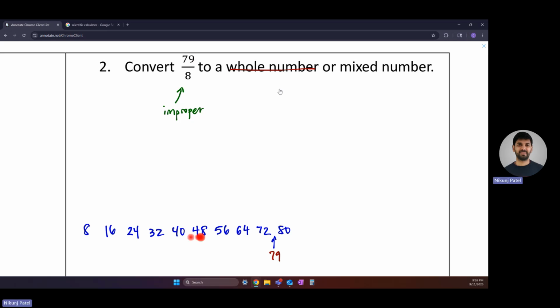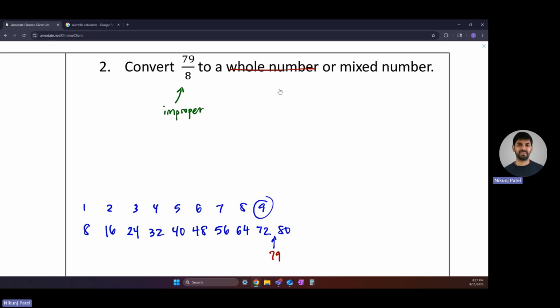Now, how many numbers did we get to before we reached the 79? Well, we did 1, 2, 3, 4, 5, 6, 7, 8, 9. We did 9 values before we got to this 79. So I'm going to mark this as a whole number 9, or even a little bit more specific, 1, 2, 3, 4, 5, 6, 7, 8, and 9.